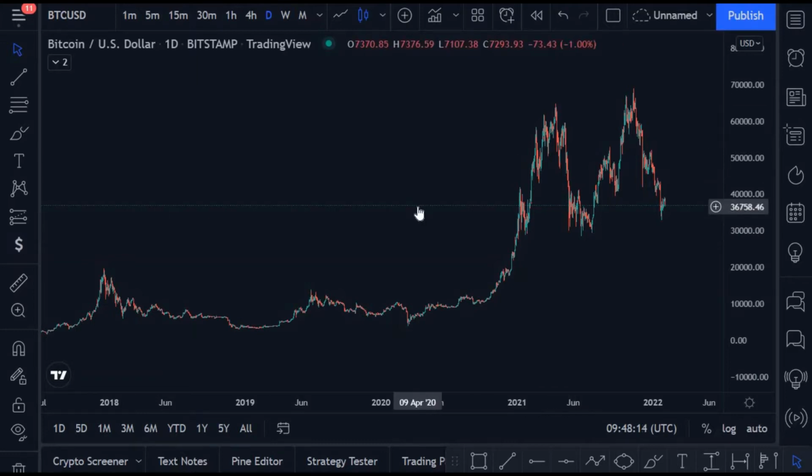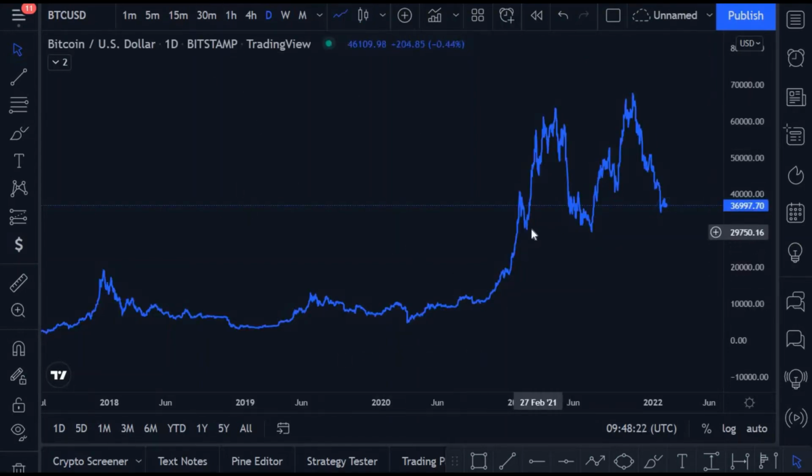One easy way I identify these is I just switch my charts to a line chart like this, and then I look out for these sharp turnings.